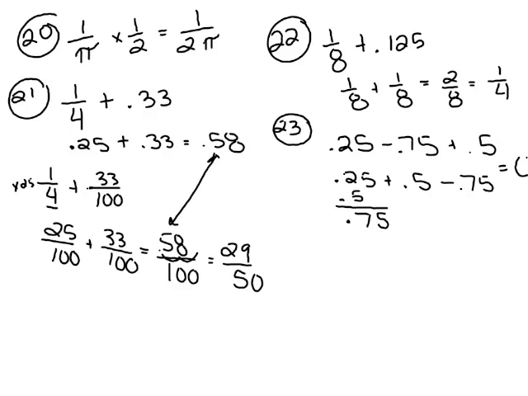This is really a 5.0. If you want to keep all your numbers of places the same, you can always add in zeros. So this one could be 0.25 plus 0.50. So 0.25 plus 0.5 equals 0.75. So if I have 0.75 minus 0.75, what did I end up with? 0.